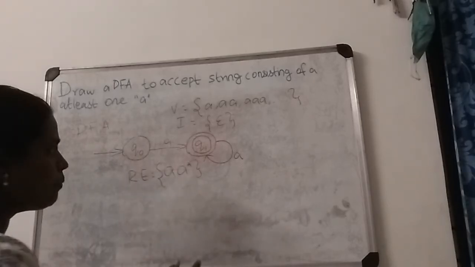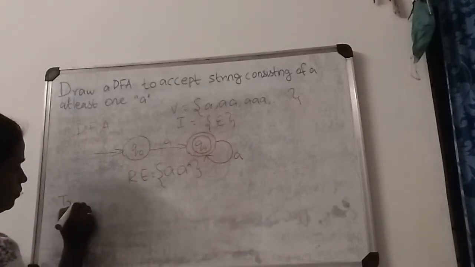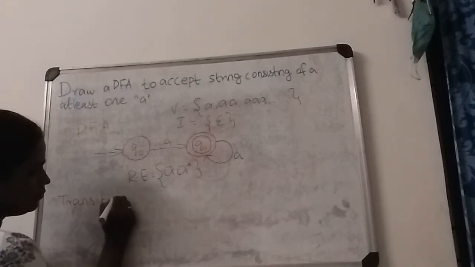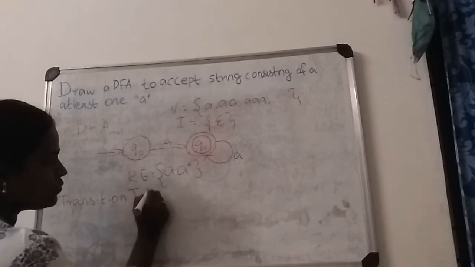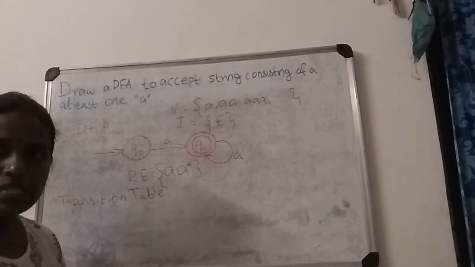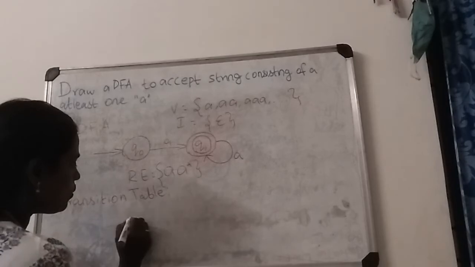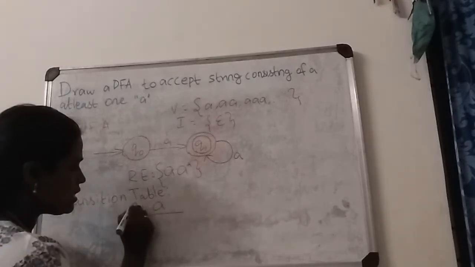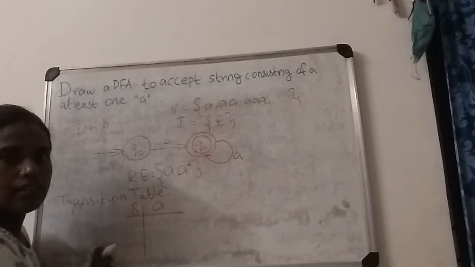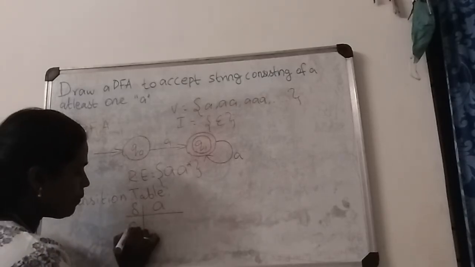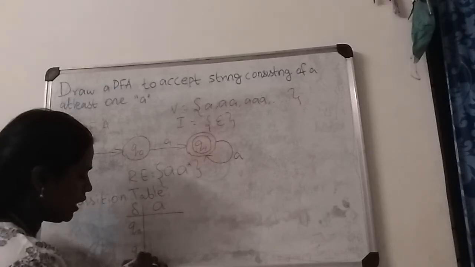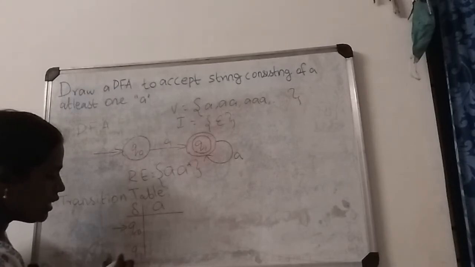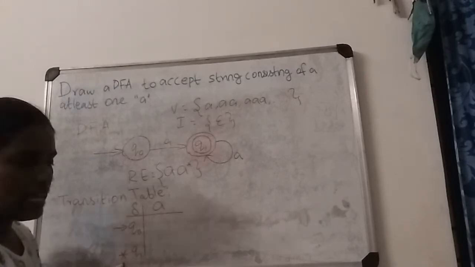Now the transition table. We represent it as rows and columns. The row has the input symbol A, and the transitions are represented with delta for the states Q0 and Q1. Q0 is the starting state, represented with an arrow, and Q1 is the ending state, represented with an asterisk.